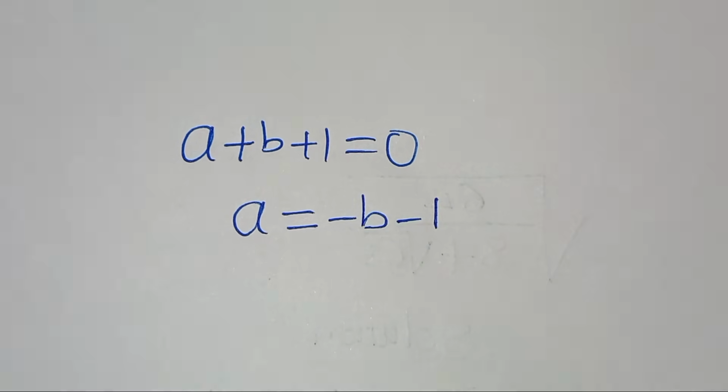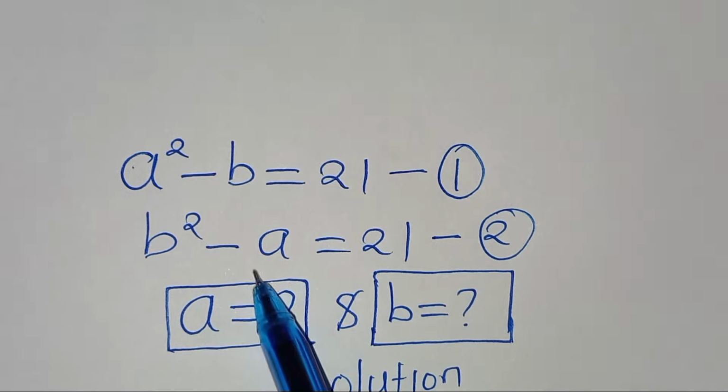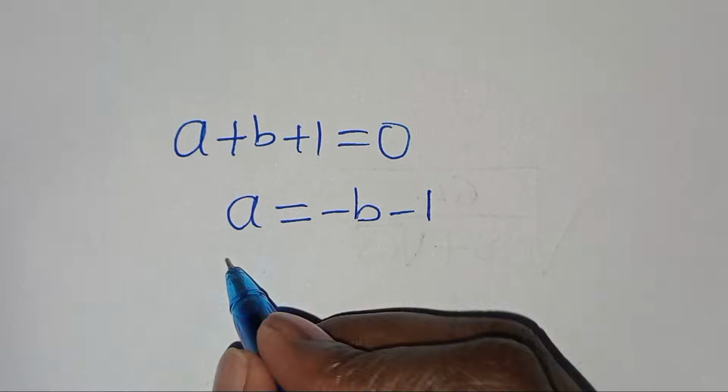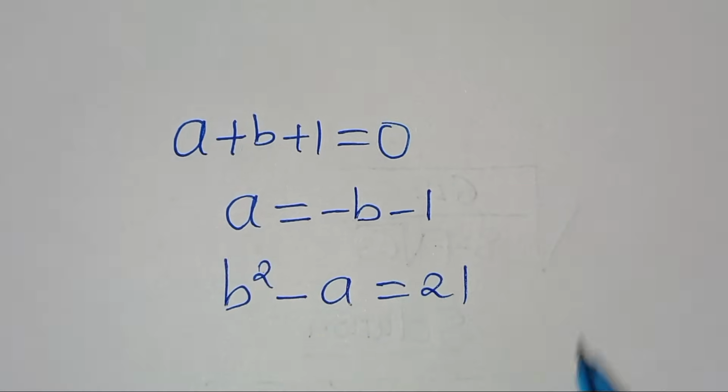Let's substitute this into equation 2. Remember, equation 2 here is B squared minus A, this is equal to 21.